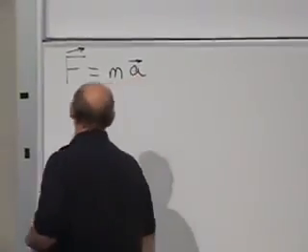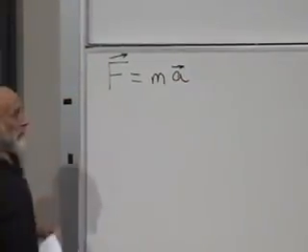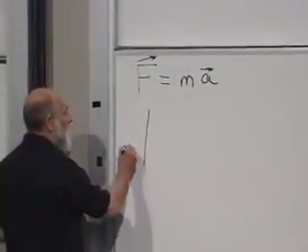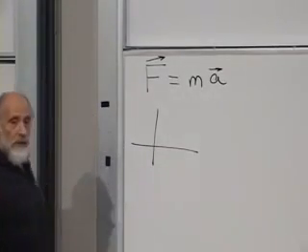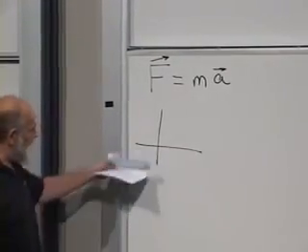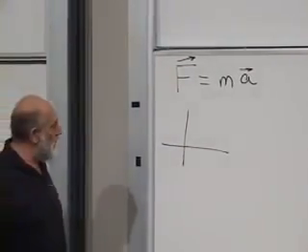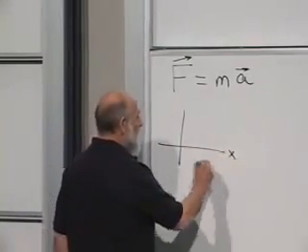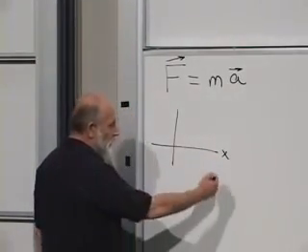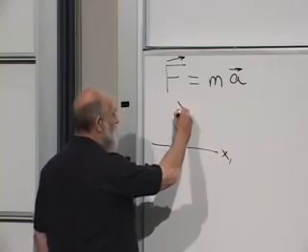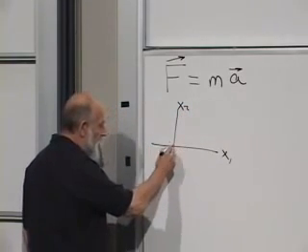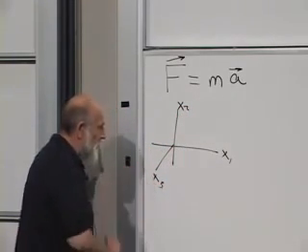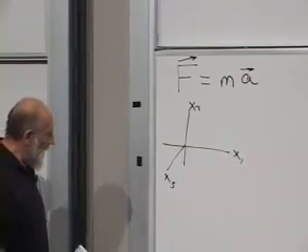Now, let me write that in another form. We imagine we have a coordinate system, an x, a y, and a z. I don't have enough directions on the blackboard to draw z, but I guess I can draw it in. x3 is over here someplace: x, y, and z.